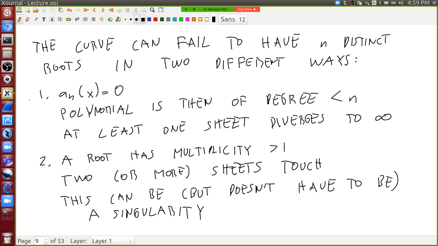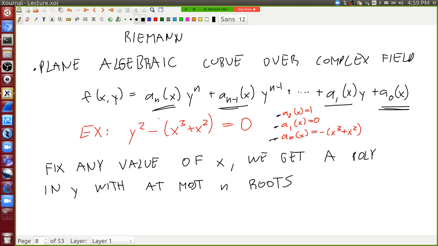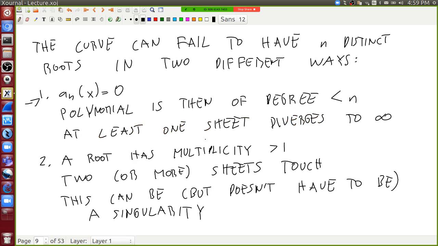First of all, this leading coefficient, the a_n term, could be 0. Then we'd get a polynomial of degree less than n at those points. That's the case where at least one of these sheets is lost, because as you move x around, the n roots in y trace out sheets in the complex plane.